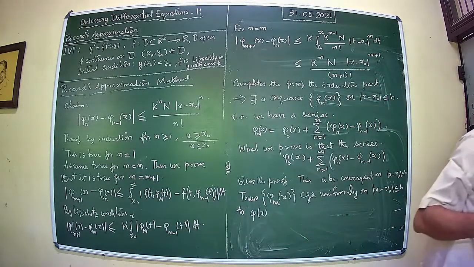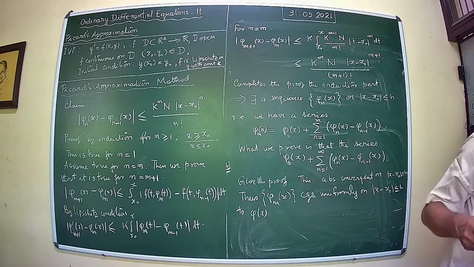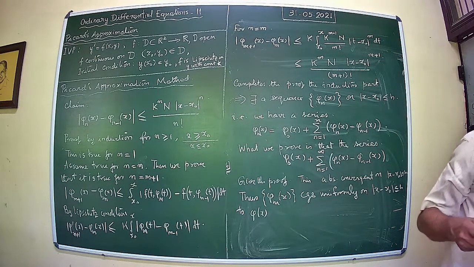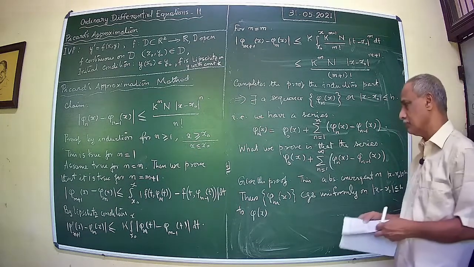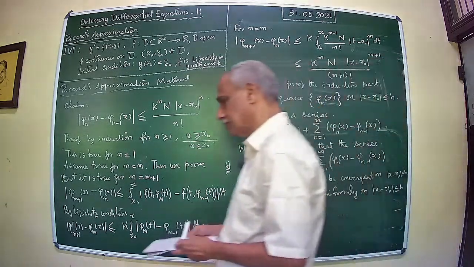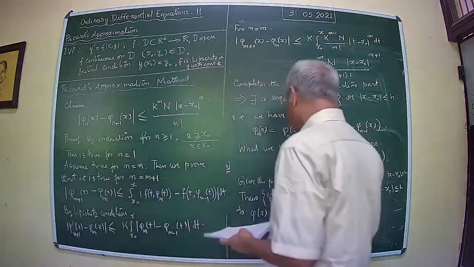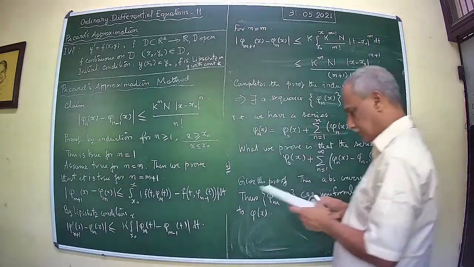What can you say about this function phi x? This phi x is a continuous function. Okay. Right? Then phi is continuous.